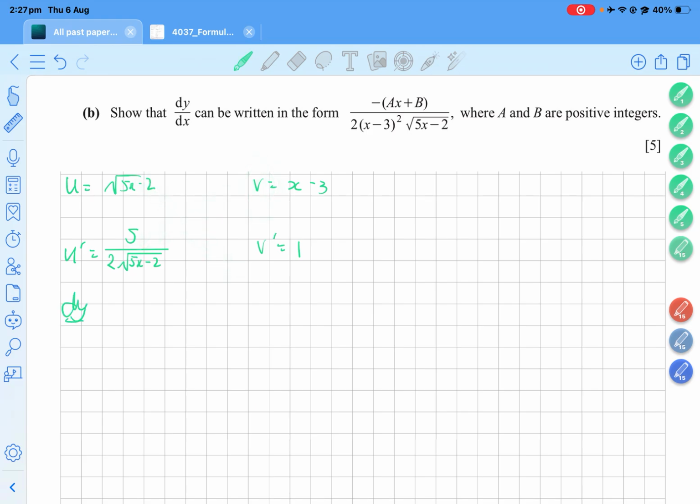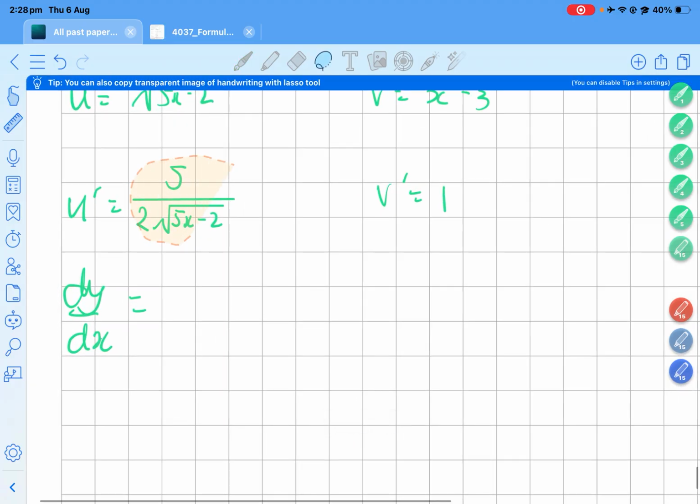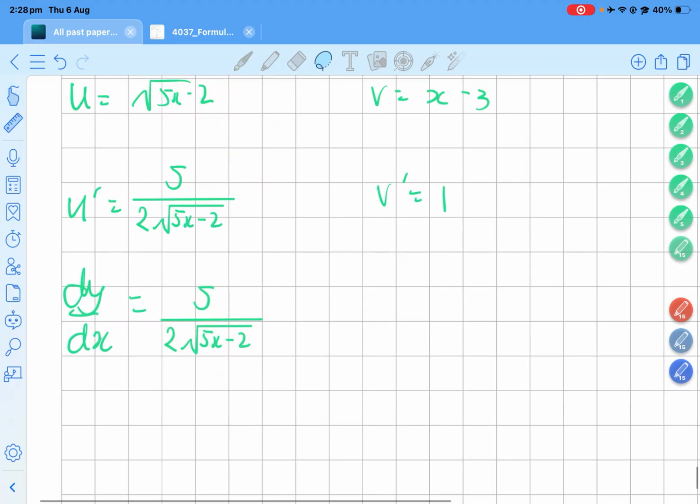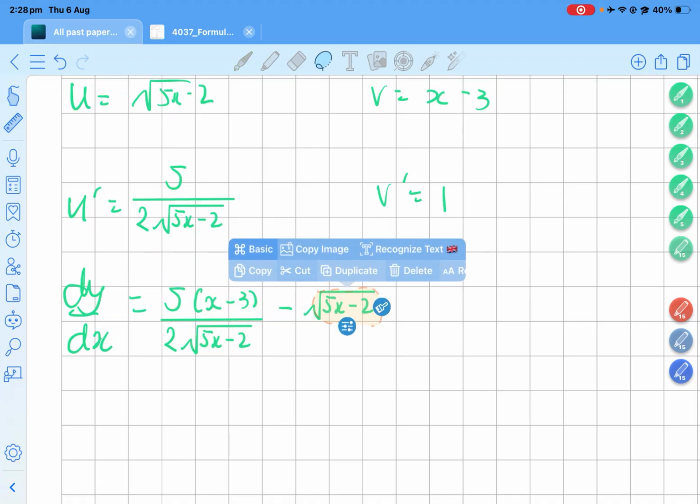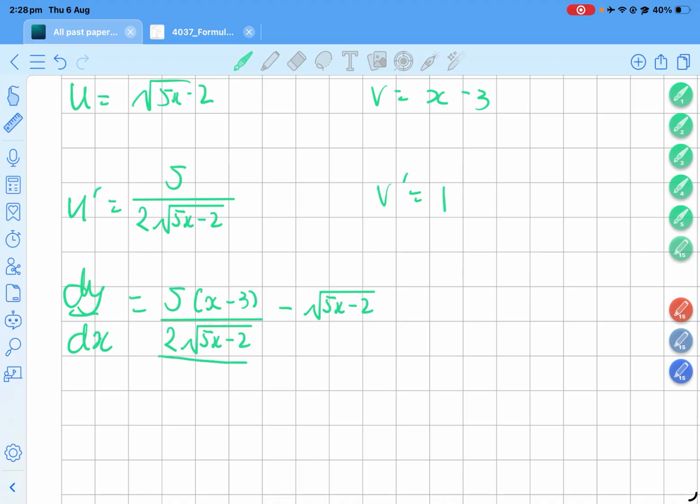So u prime into v minus v prime u, which is this thing, over v squared, which is this.